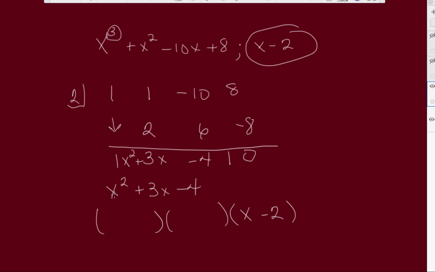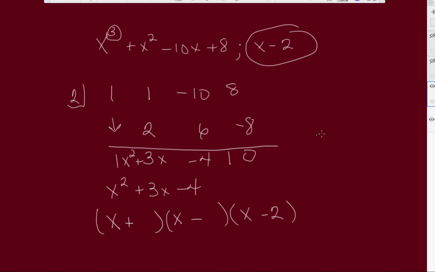Now, x squared plus 3x minus 4, we know that we have a difference here, right? We have a sum and we have a difference. We know that x times x is x squared. Remember, because we looked at this, we have a sum and a difference. We need factors of 4 that when we find the difference between them, when we subtract, we end up with 3.